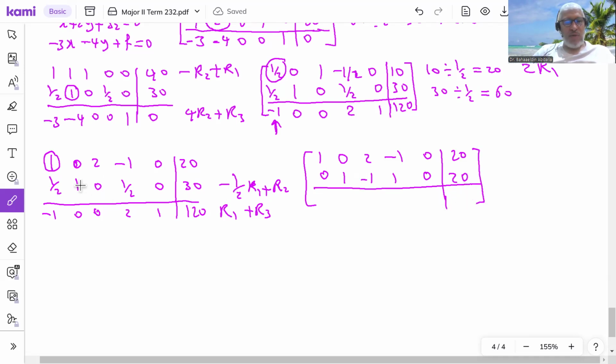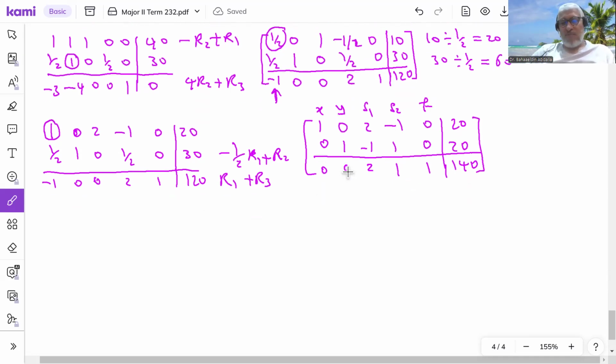And the last row, add 1 minus 1, 0. 2 plus 0, negative 1 plus 2, 1. 20 plus 120, 140. And since there are no negative values in the objective row, this is a final matrix. So this is X, this is Y, this is S1, this is S2, this is F.